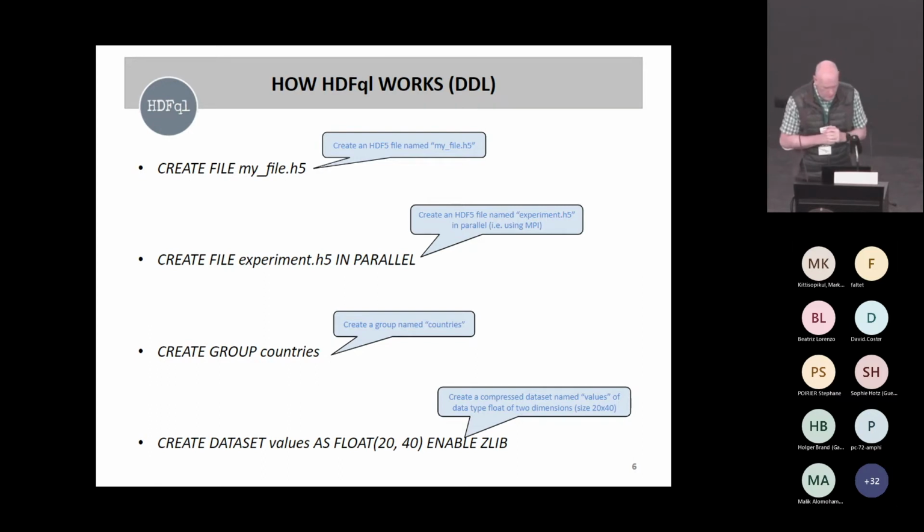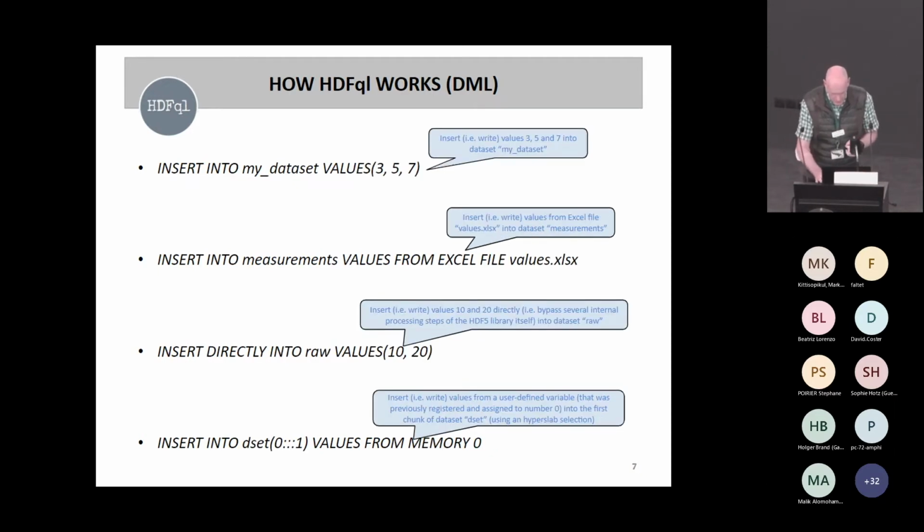You can create groups. Then it's very concise, as you can see here, to create a data set with zlib compression enabled, where you just specify the dimensions, in this case, two-dimensional 20 by 40 floating point. That's very short and concise, as it should be.